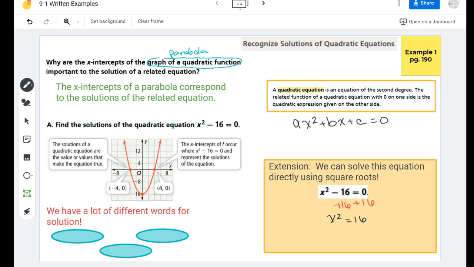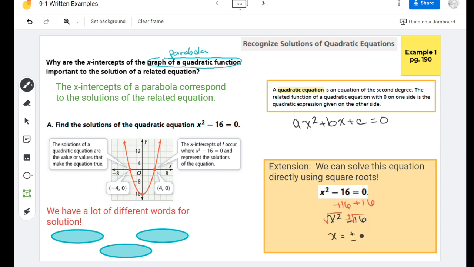So here I have x squared equals 16. And then I'm going to take the square root of each side. Now remember, if ever you take a square root to undo a square, you have to put the plus or minus. That little plus and minus symbol is saying that it could be a positive or a negative.